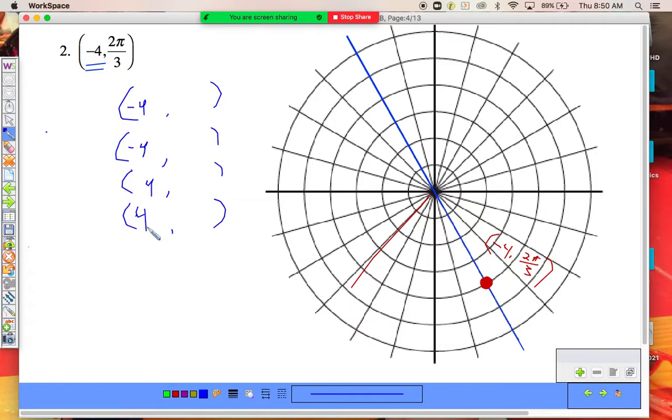So if I want to keep the same distance, I'm going to add and subtract 2 pi. The 2 pi that I'm going to use is going to be 6 pi over 3.